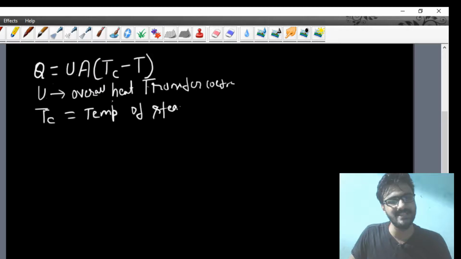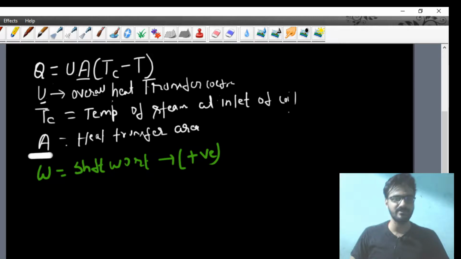In 1993 or 1994, GATE asked a question on the shaft work. They also gave the shaft work, so there you need to take the shaft work also, but it will always be positive, I think.